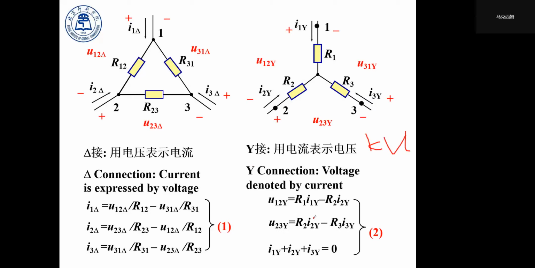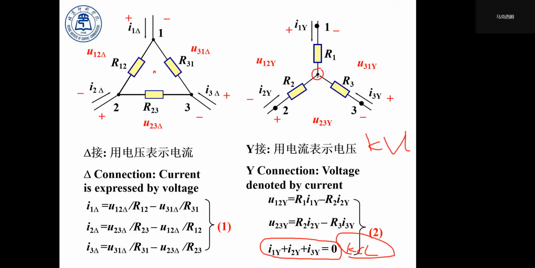And we also have this additional equation which comes from Kirchhoff's current law, applied to the center point. We see that in the delta-shaped network we do not have a center point, but in the Y-shaped network we have a center point.